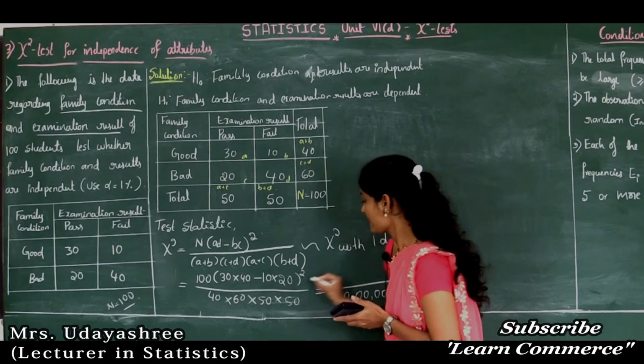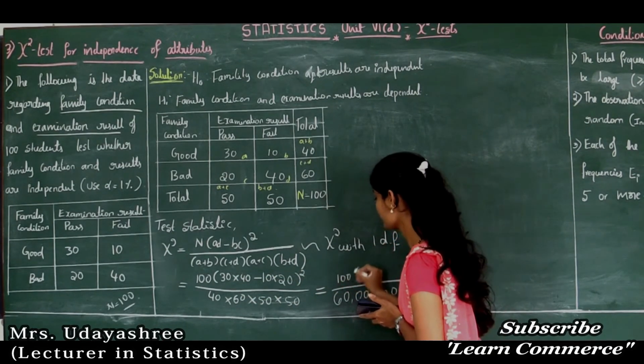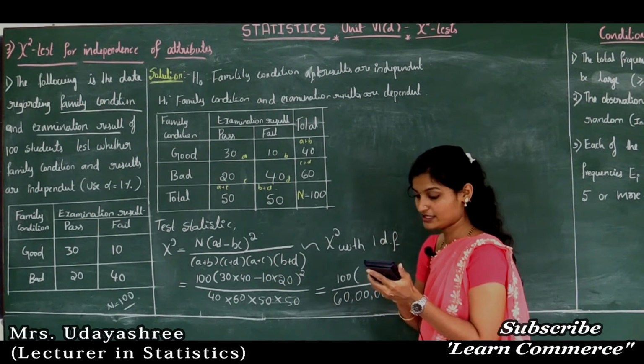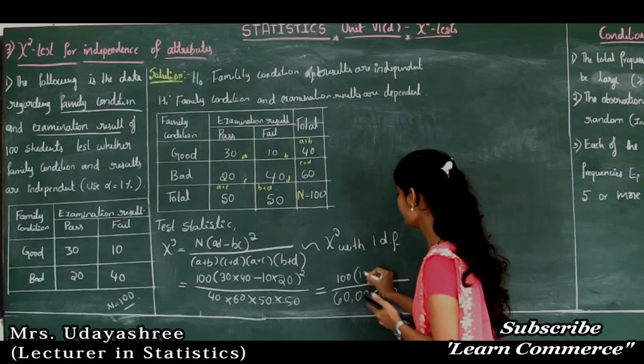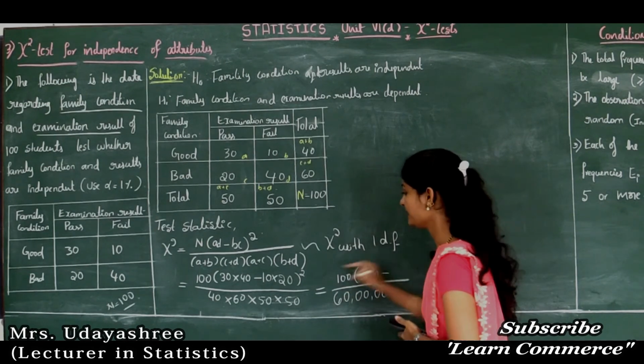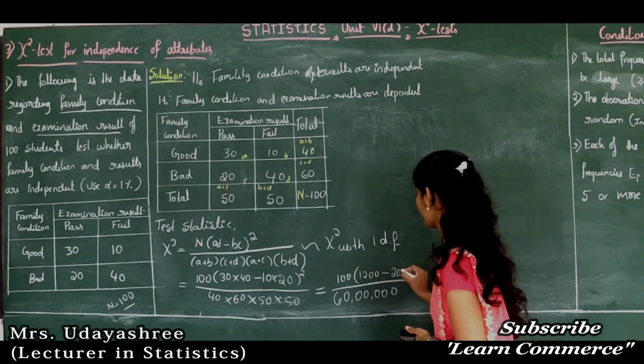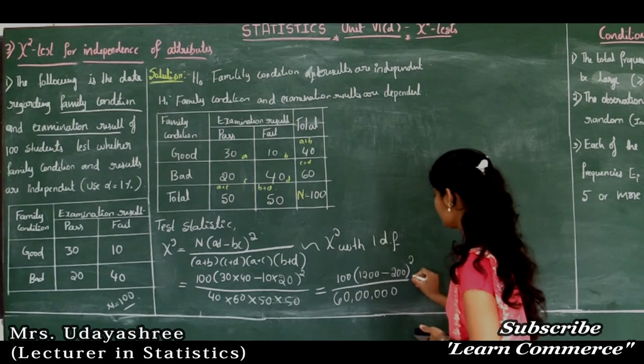So that is 100 into 30 into 40, that is 1200, minus 10 into 20, that is 200, whole square.